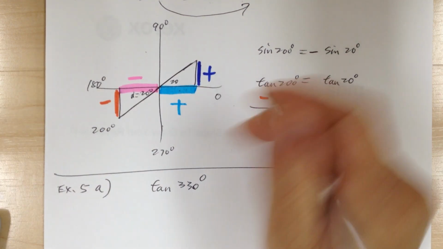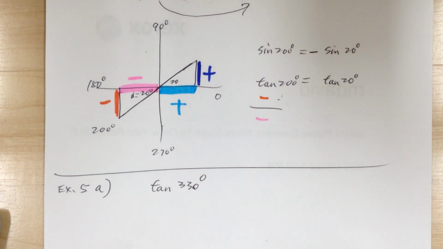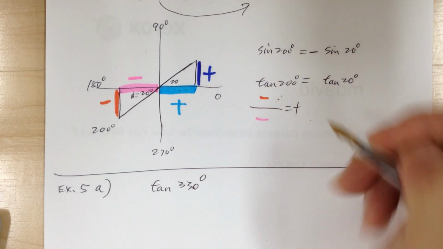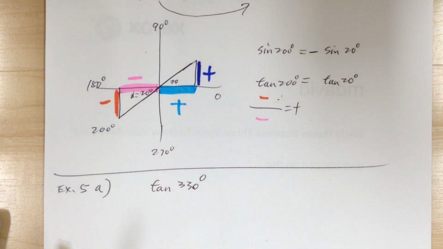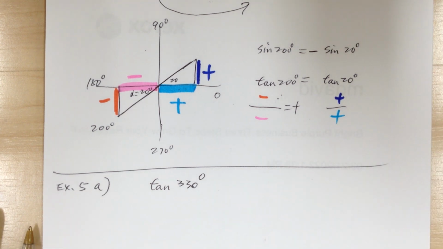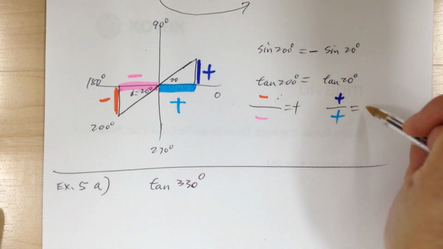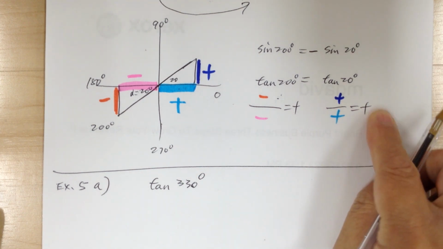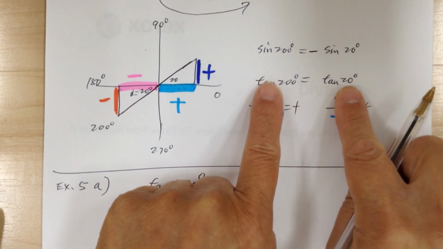I color coded it for you. So negative over negative is going to equal positive. So tangent of 20 degrees would be positive over positive, so this is equal to positive. Since they're the same, you don't have to do anything to it. So they are found already.